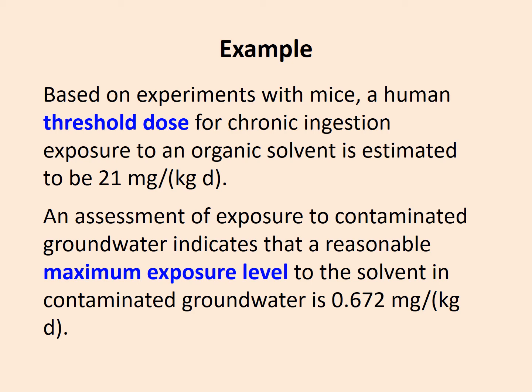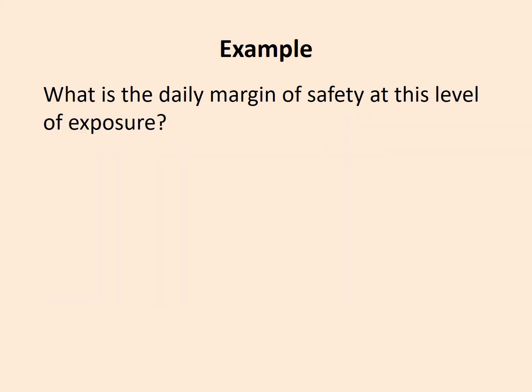When we look at assessment of an exposure in contaminated groundwater, for example, the maximum exposure level we find is 0.672 mg per kg per day. We are going to take both of these numbers and put them into a formula to understand margin of safety. Given those two, what might be the margin of safety at this level of exposure?